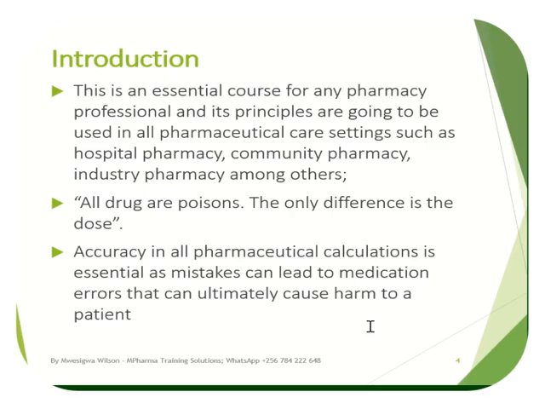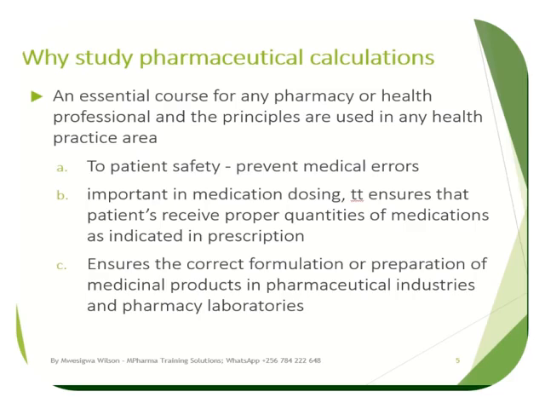Or if you're in the pharmaceutical industry and you make an error, you will cause a loss because you have calculated poorly the ingredients to use in the preparation of drugs. So our goal is to ensure accuracy at all times.